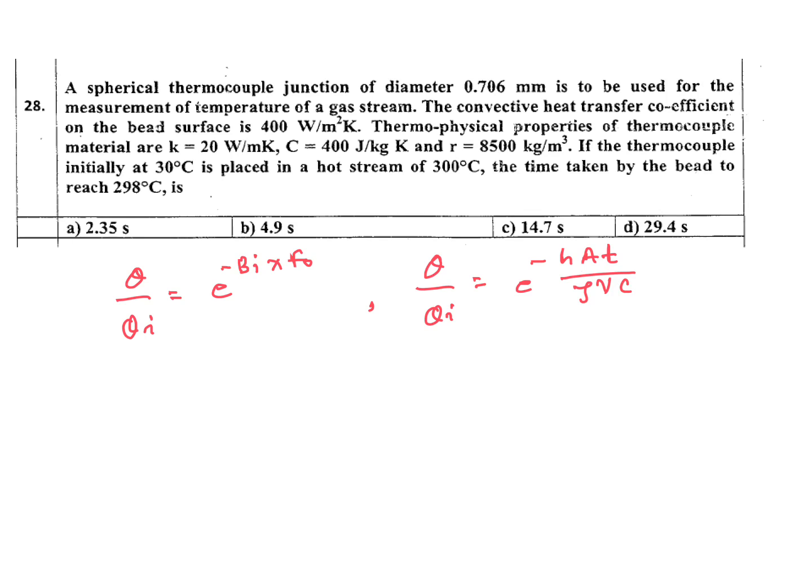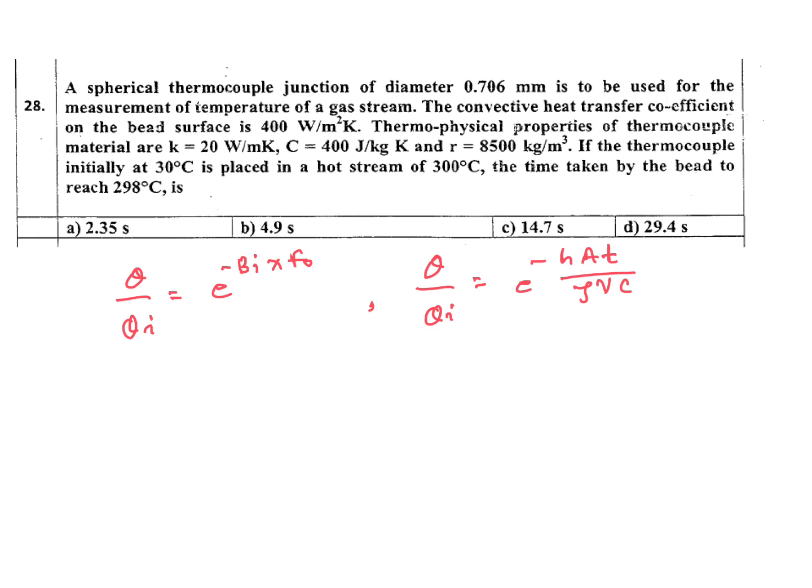Rho here we take as density instead of R. Put the data. Theta is the final temperature difference and theta I is the initial temperature difference.